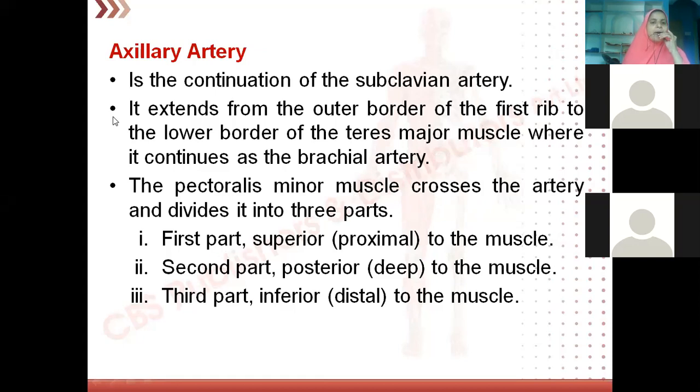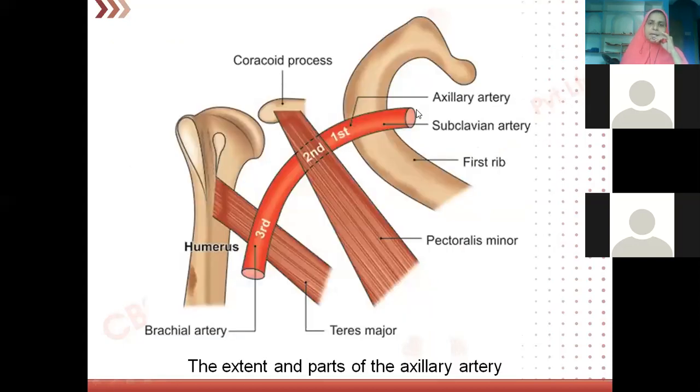Now, axillary artery. See here, axillary artery is the continuation of subclavian artery. Subclavian artery is one of the branches coming from arch of aorta. On the right side, we have brachiocephalic trunk dividing into the subclavian and common carotid, whereas on the left side, directly from arch of aorta, we have subclavian artery and also the common carotid artery.